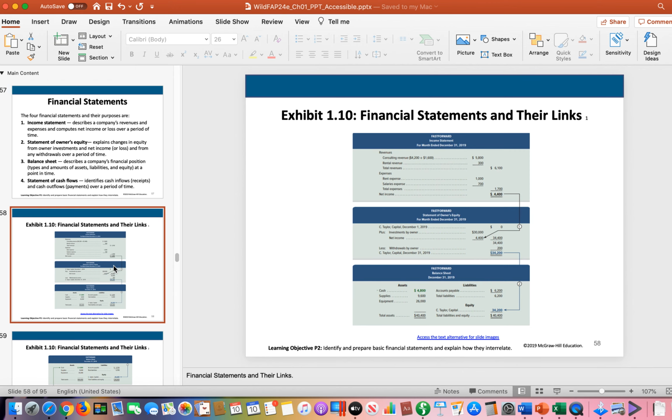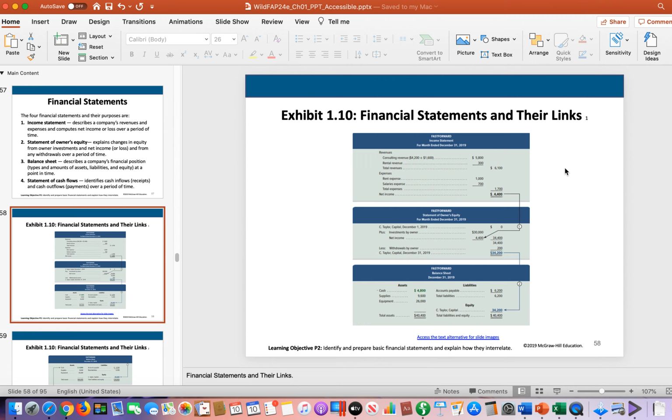Now, so let's take a look at some of this. If you look at this right here, you'll see we start out with the income statement. You have your revenue, or sales, consulting services. You see the total there of $5,800 plus the rent revenue, which is $300.